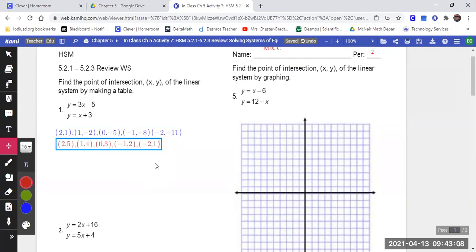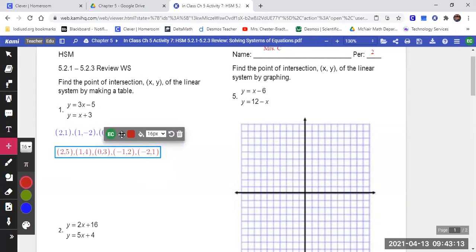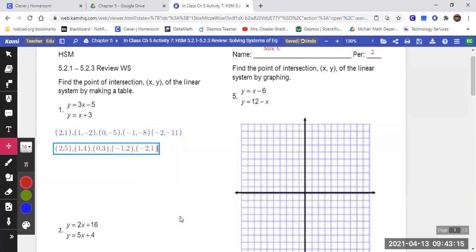Okay. So when we're looking at the points of intersection for the table, we have to look to see in what we've done so far, do we have where they're crossing? In what we've already finished doing, do we have where they're crossing?